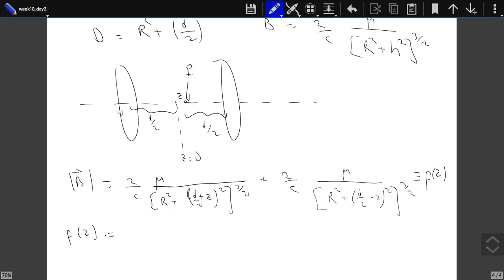f of z is equal to f0 plus f double prime at z equal to 0, z squared divided by 2 factorial, plus etc. There are no terms linear in z, since f of minus z should be equal to f of z. Only the even powers survive.